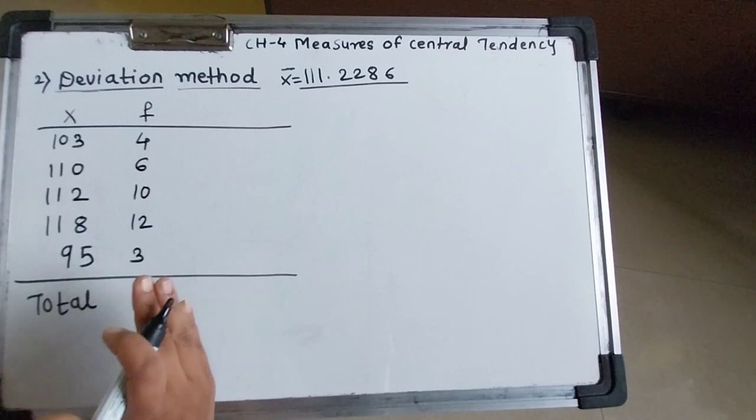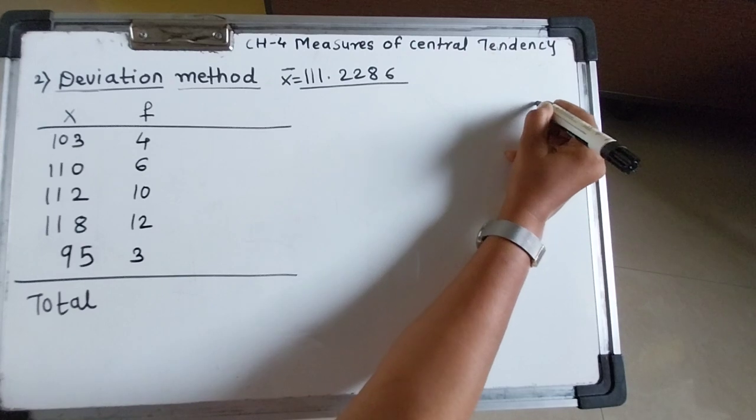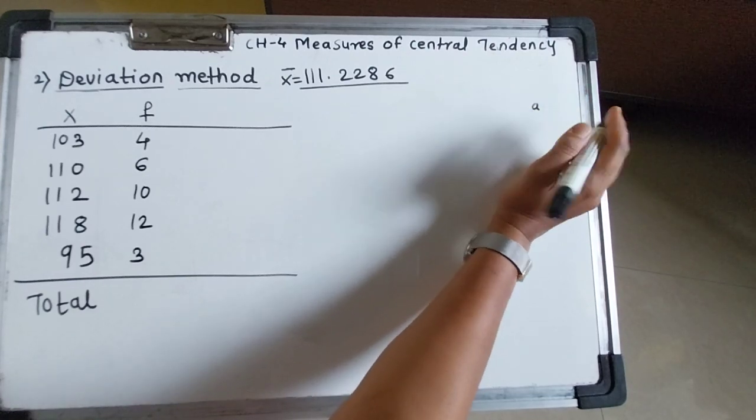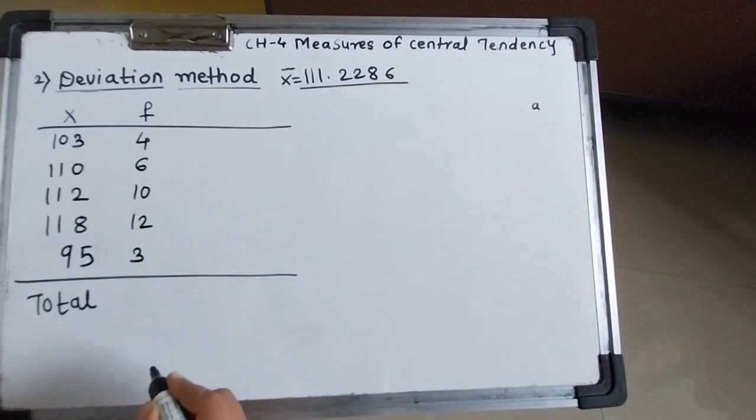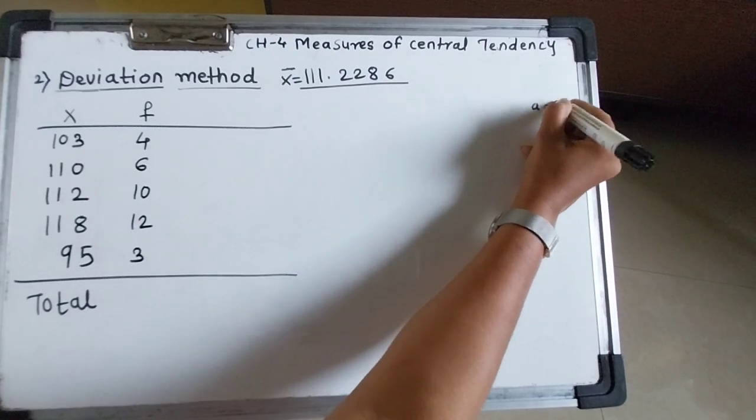What is the deviation method? What are the steps? The first step is the assumed mean. How to assume the mean? See these values. All values are nearer to 100. In the textbook, they decided A is 100.